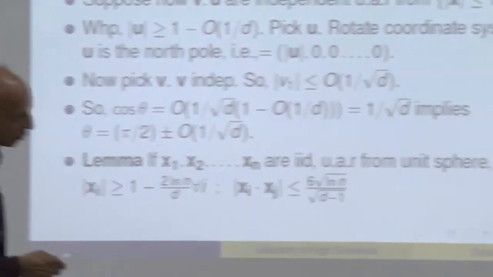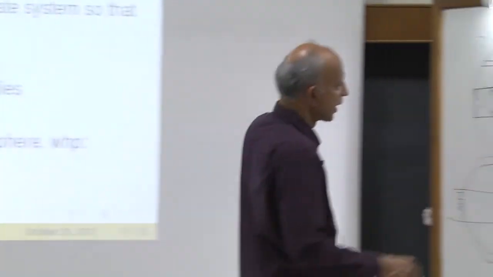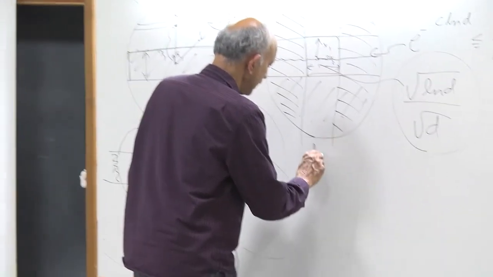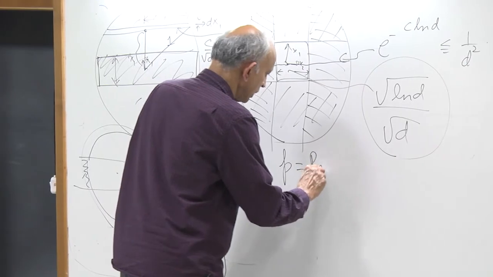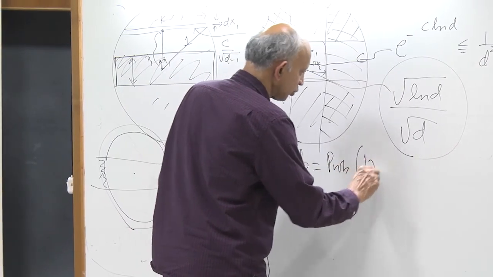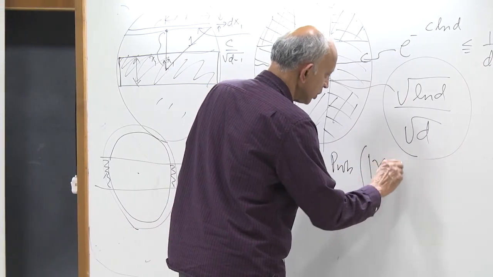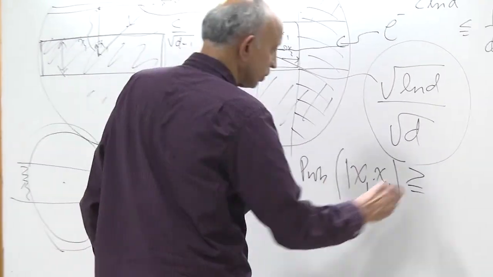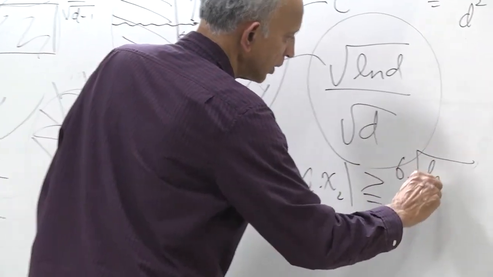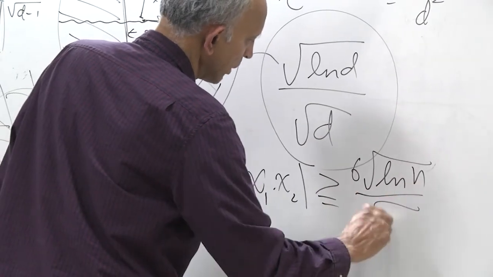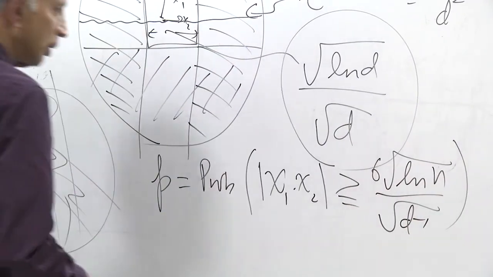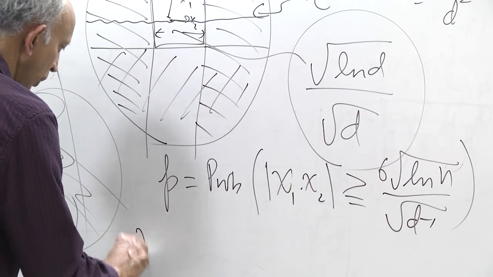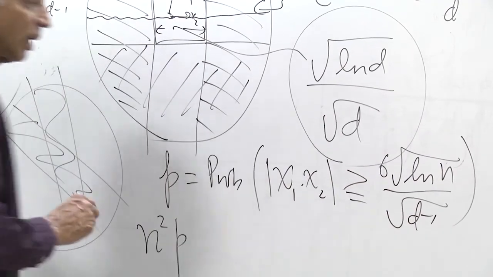So if p is the probability of failure of one of them, the probability that x1 dot x2 is greater than or equal to that quantity, 6 root log n over root d minus 1, then I want n squared times p.